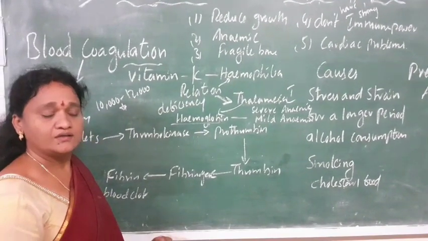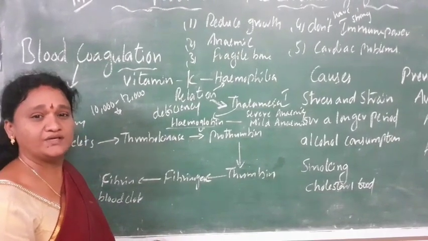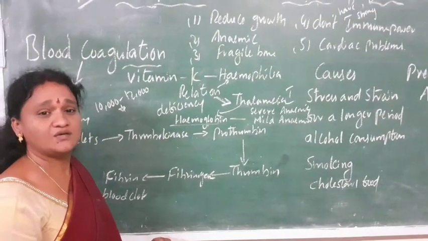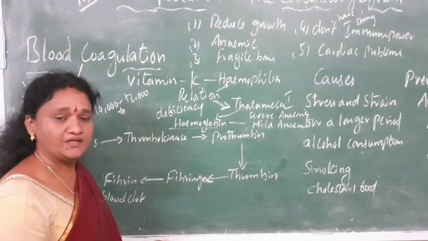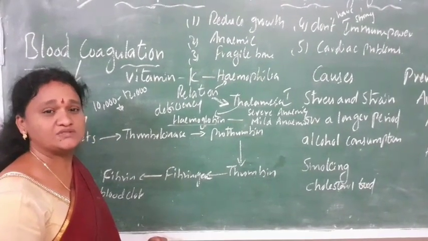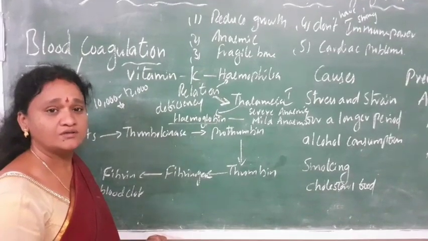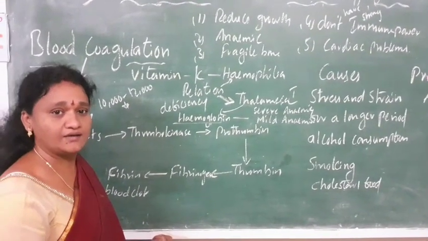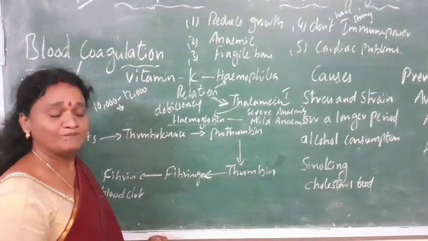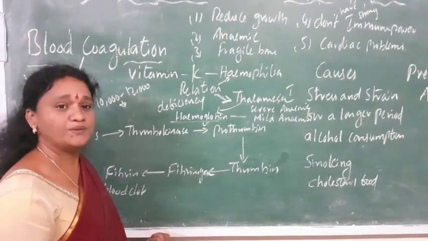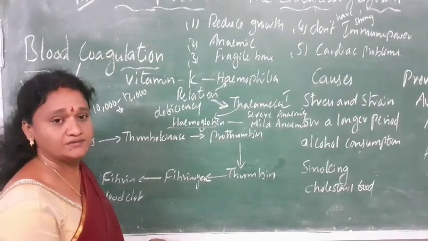Another important thing is the latest treatment, bone marrow stem cell transplantation. From related siblings who have the same genetic constitution, bone marrow cells are taken and transplanted into thalassemia patients so that the normal hemoglobin percentage can be maintained in thalassemia children.